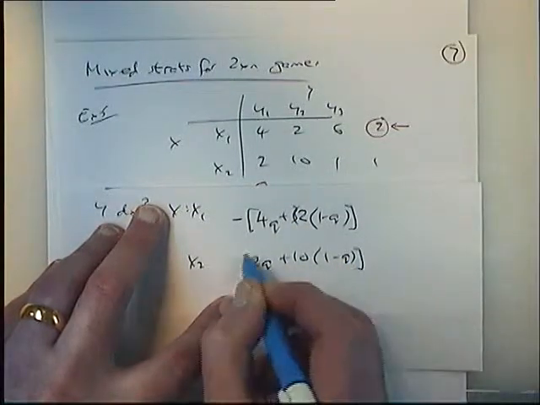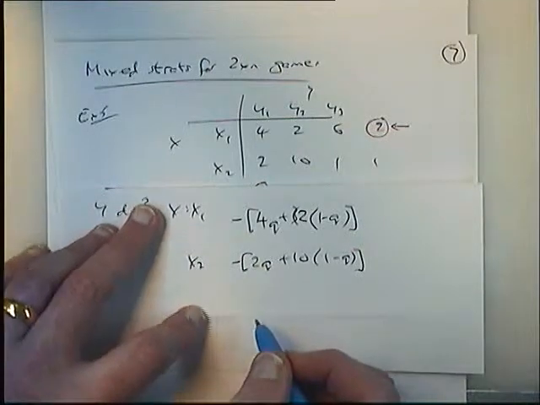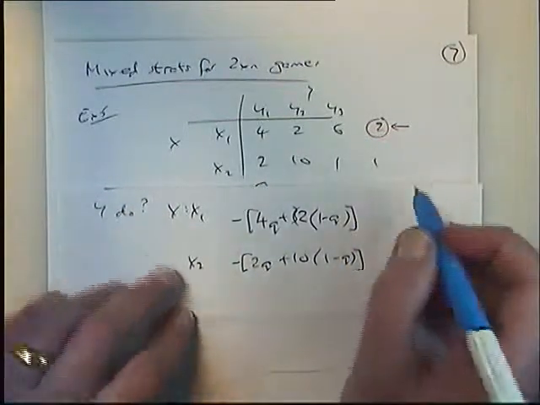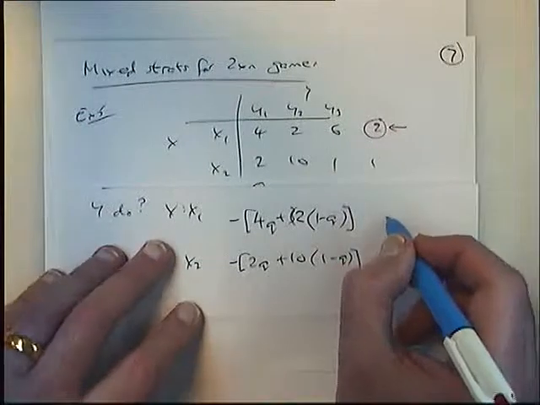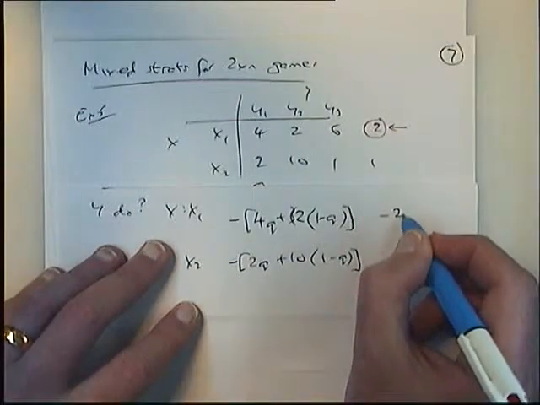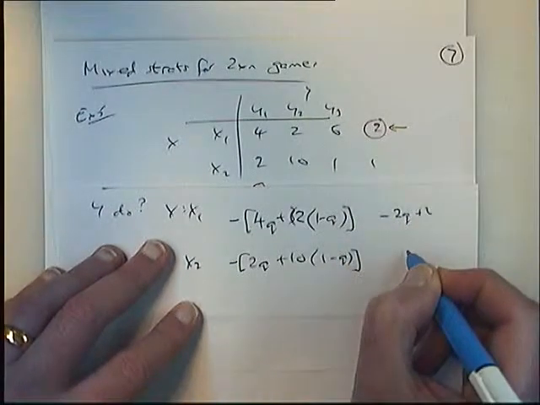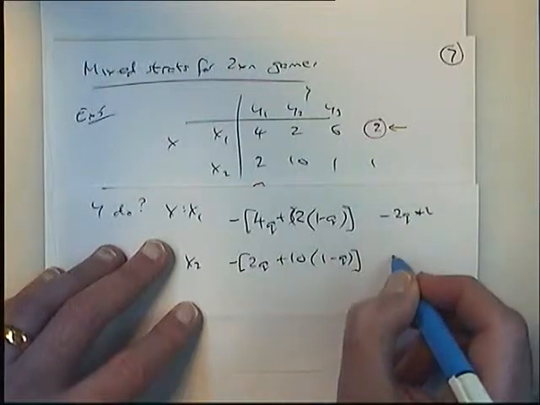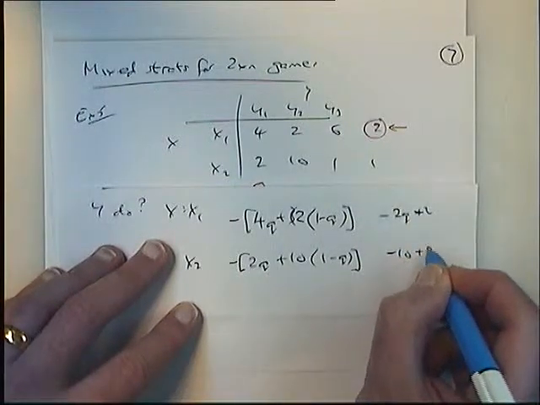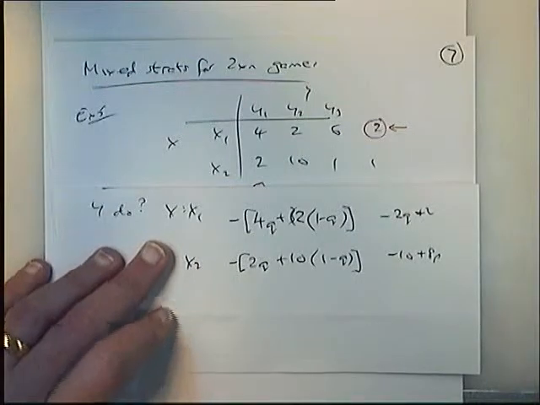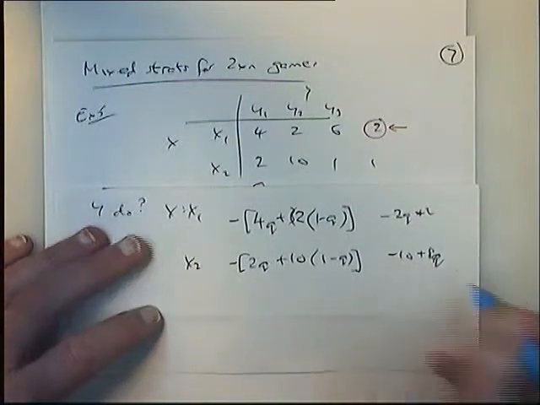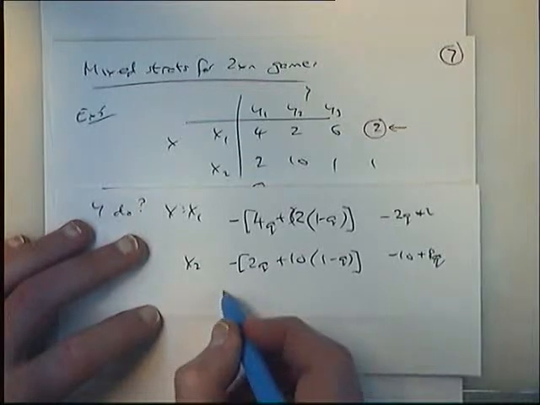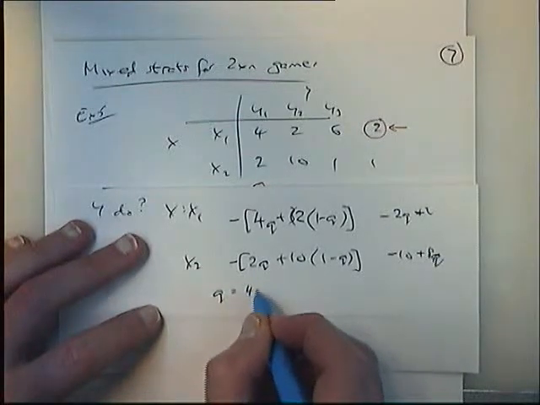Add them together, they are losses. If you sort those out, they come out to be minus 2q plus 2, no, minus 2 I think, and minus 10 plus 8q. Sorry, q, thank you. You get to solve that, q comes out to be 4/5.